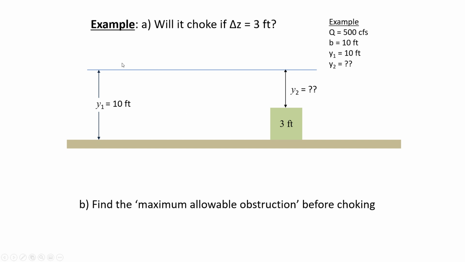Now let's see how much energy is available at 1, because if the energy available upstream is greater than the minimum, then no choking will occur. That's the if-then that we covered in Monday's class, comparing the required energy to what's available.